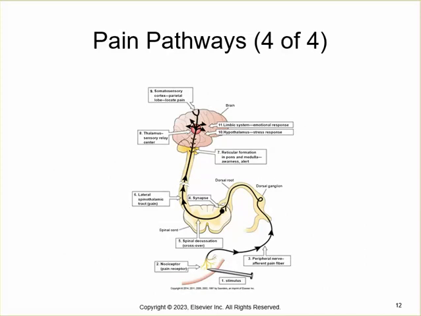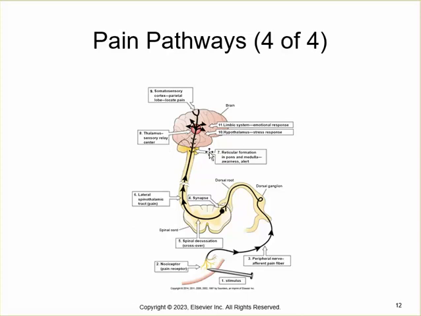So the stimulus affects the receptor, the afferent pain fiber goes through the dorsal root ganglion, where it synapses with motor neurons here for the reflexes, and then it crosses over and goes up the spinothalamic pathways, gets to the thalamus, and the thalamus relays signals to the somatosensory, to the limbic, to the hypothalamus, to the reticular formation.